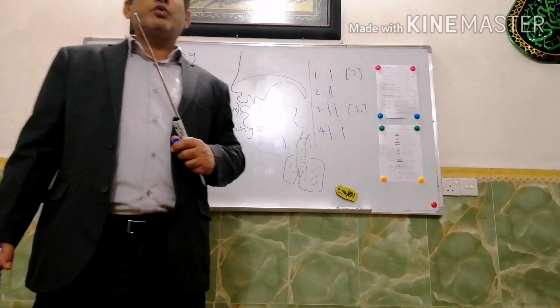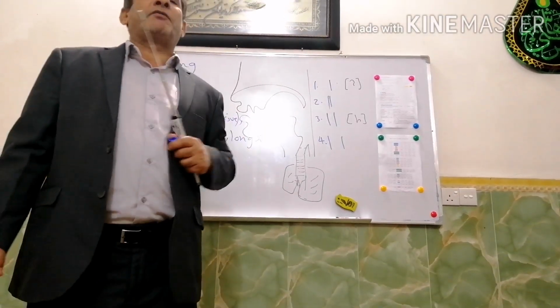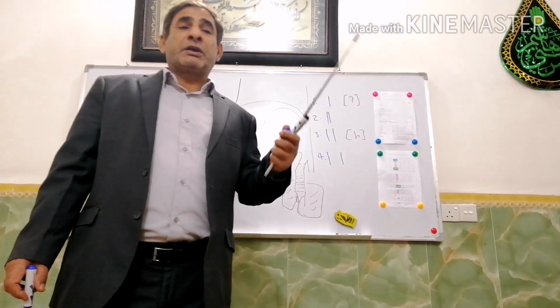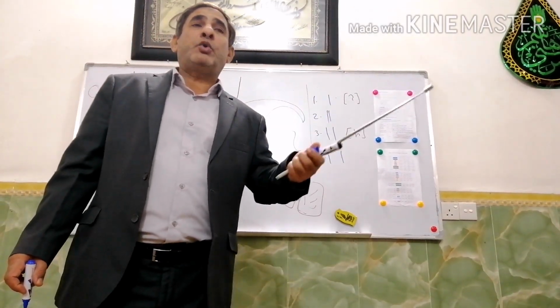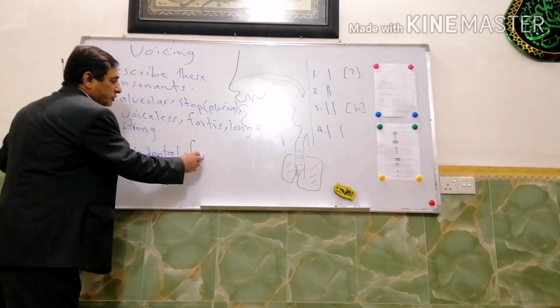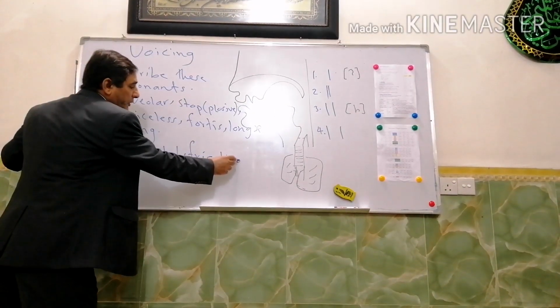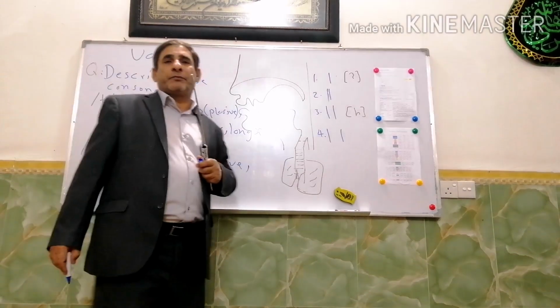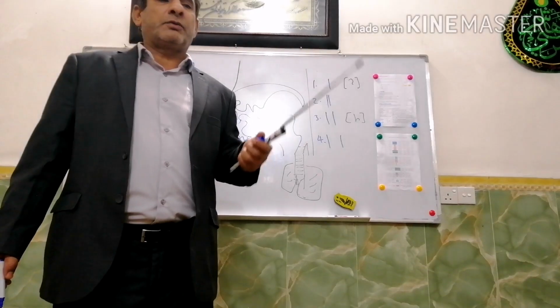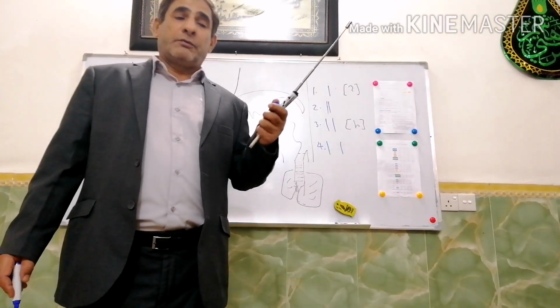Now, from the point of view of manner of articulation, how to produce it? It belongs to the group of fricatives. It is called fricative. Then what about voicing? The third factor is voicing.